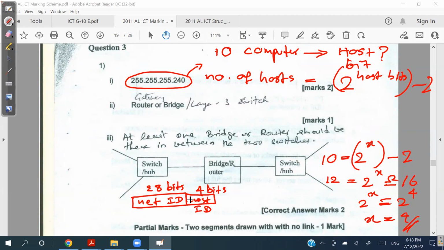So based on that, they have created this particular subnet mask. So 28 bits will have ones, right? And only 4 zeros will be there.